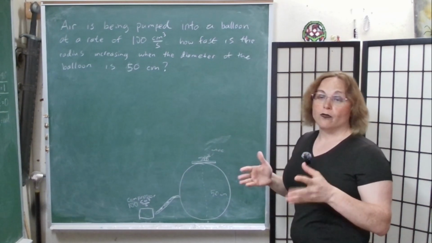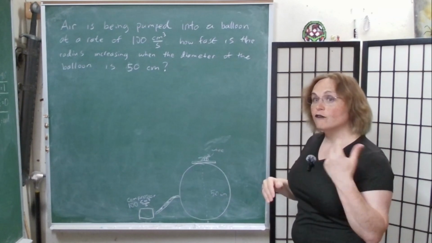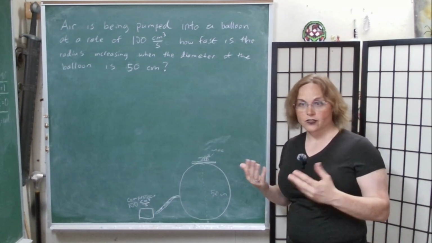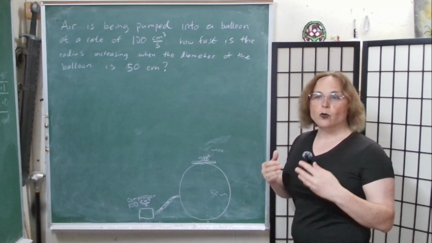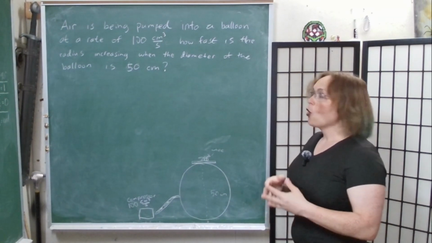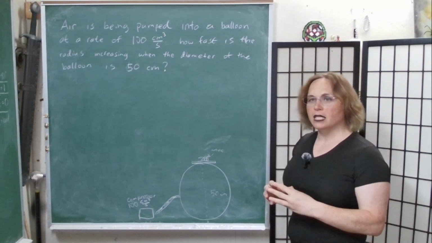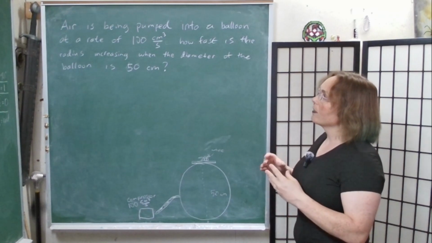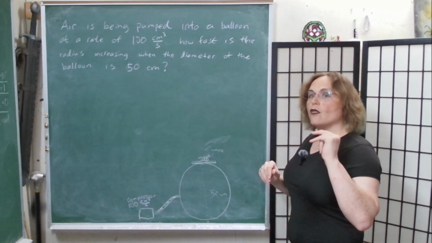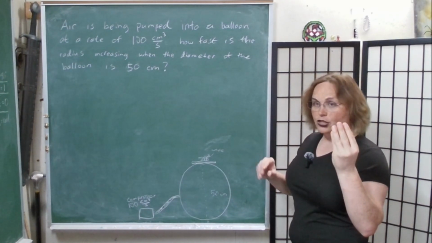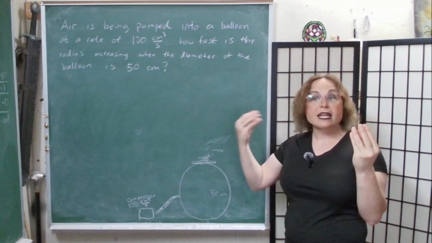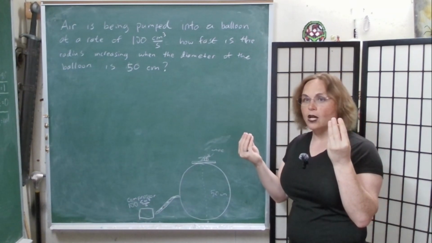We do know, though, how we can relate a volume to a radius. So when we're working with related rate problems, we may not have an immediate ability to work directly with the rate of change of one object and the rate of change of another object.